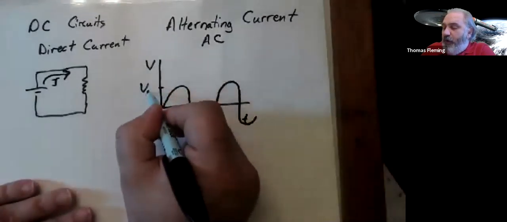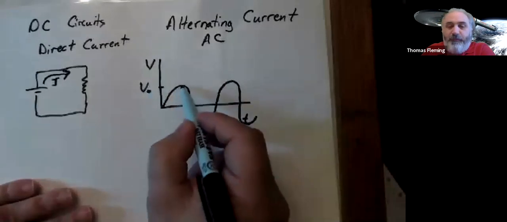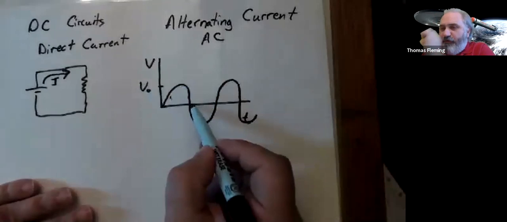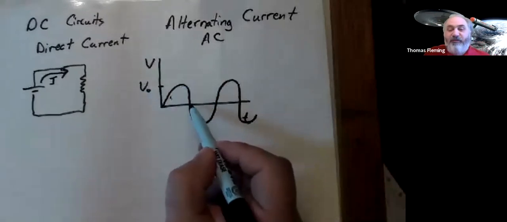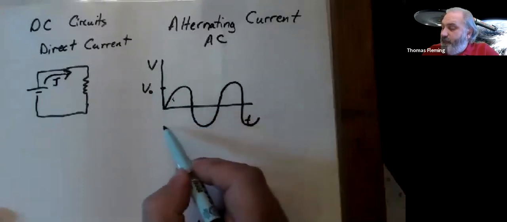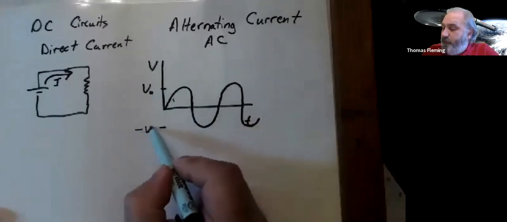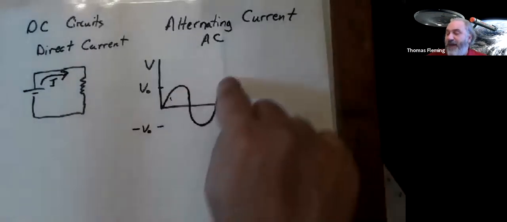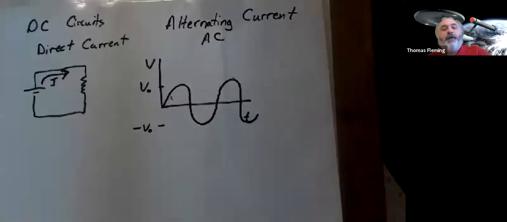I'm going to call this V naught. So sometimes it's large and positive, but then other times it's momentarily, just for a split second, the same as zero. And then later on again, it'll be as low as negative V naught. So it can actually switch from being forwards to backwards, and it goes back and forth, back and forth. That's why they call it alternating.